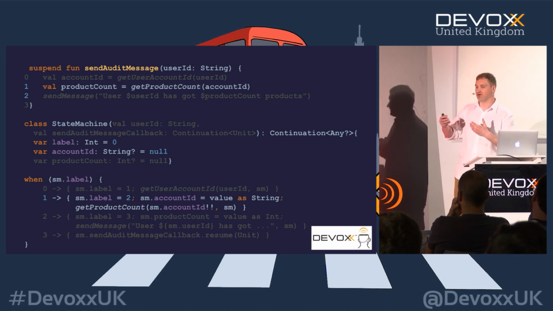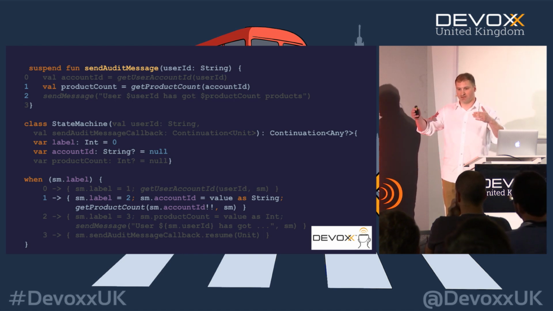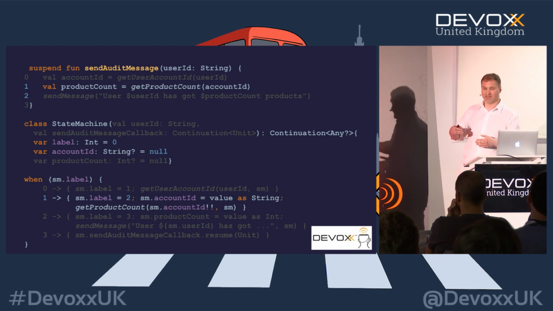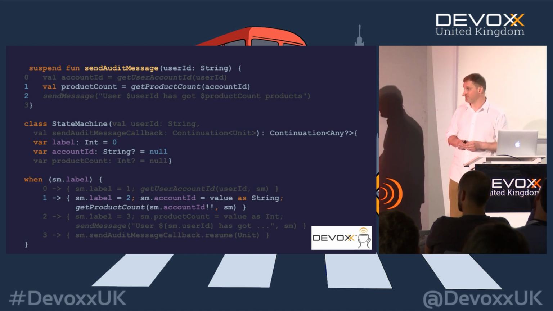So there's pressure on the memory allocation or garbage collector to put in this kind of solution. Now here, we only have one object, which is this state machine, and it's reused every time we call a suspending function within our send audit message.